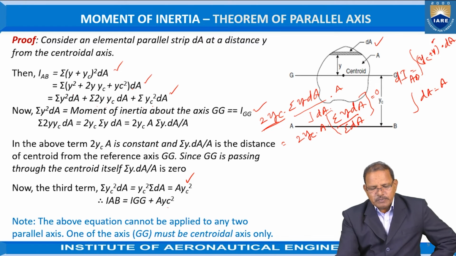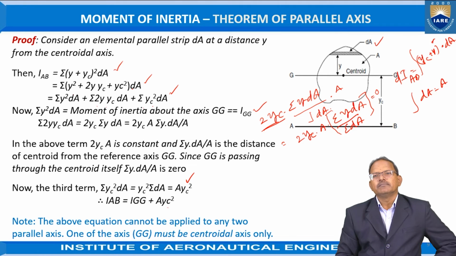So according to the parallel axis theorem, the moment of inertia of a plane area about a line AB, or any line, is equal to the sum of the moment of inertia possessed by that entire area about the central axis parallel to AB, and the area multiplied by the square of the distance between them.